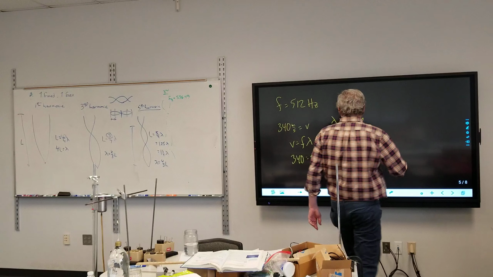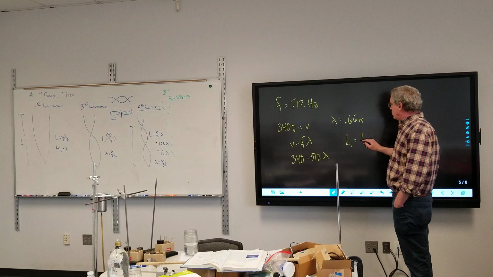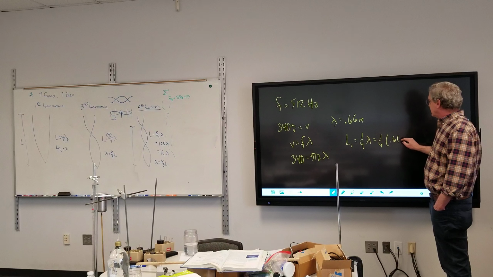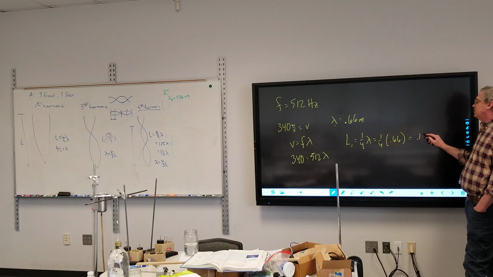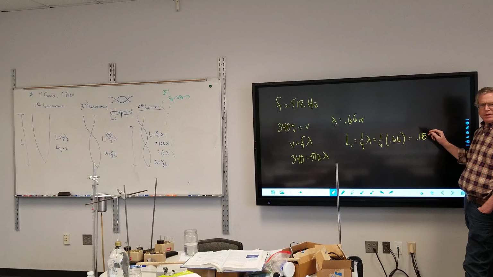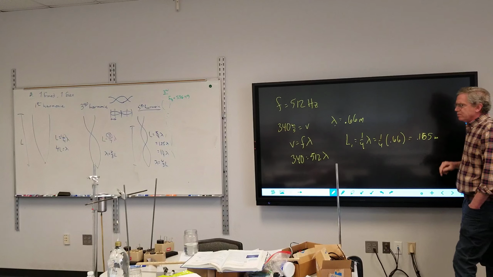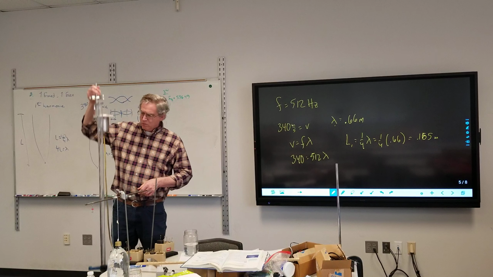So the first harmonic, let's call it L1, is going to be a quarter of the wavelength, so 1/4 of 0.66, which is 0.165 meters. Now, thus we bring the water tube in.